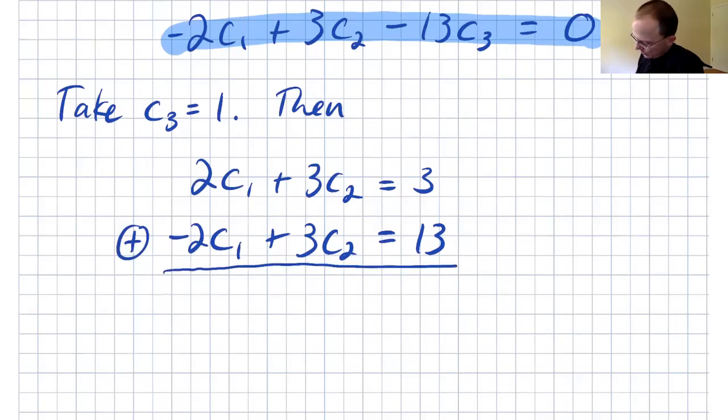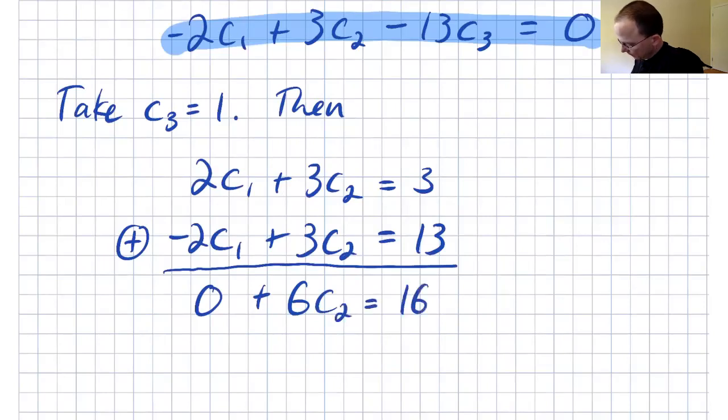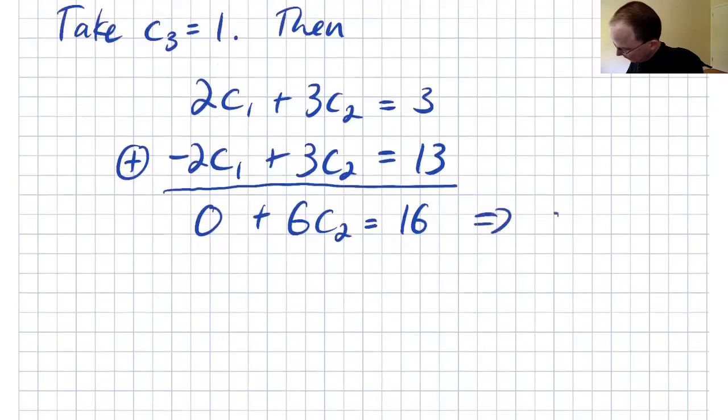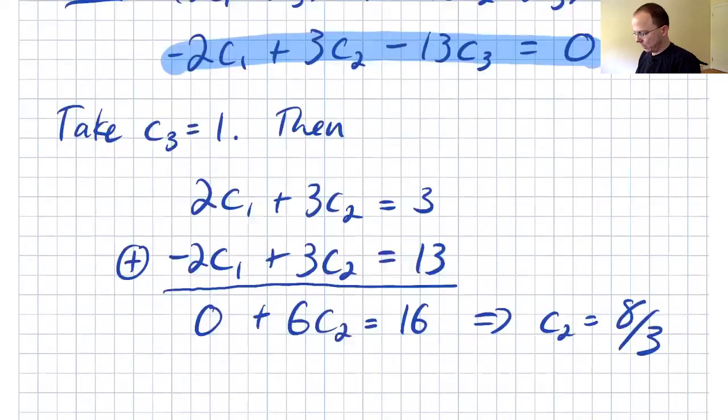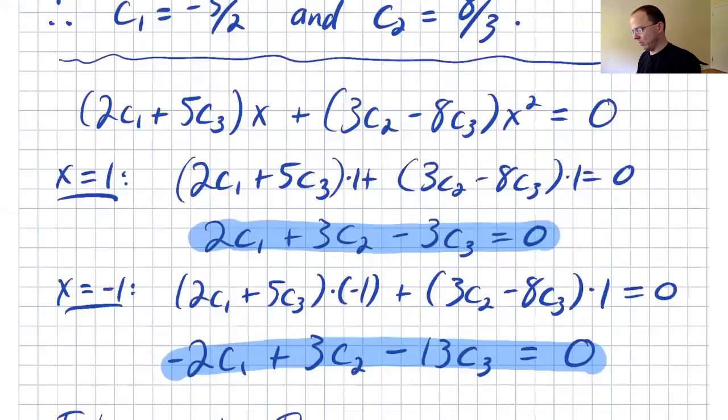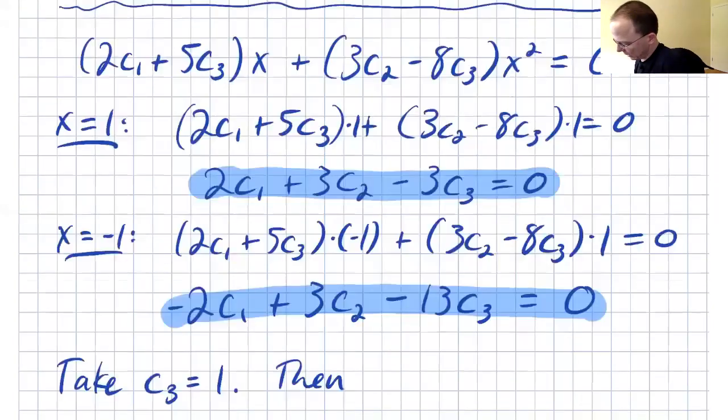Let's add these two equations together, and the 2C1 minus 2C1 equals 0. So we get 6C2 is equal to 16. That tells me that C2 is equal to 16 divided by 6, which is 8 divided by 3. That's the answer we had above, right? Yes, C2 is 8 divided by 3. So we're getting the same answer with this technique.